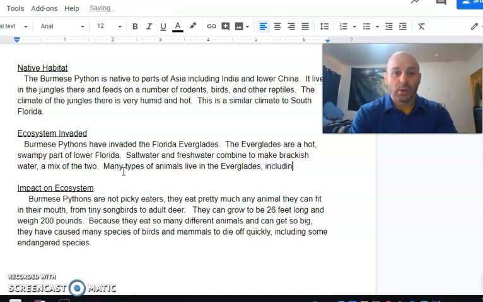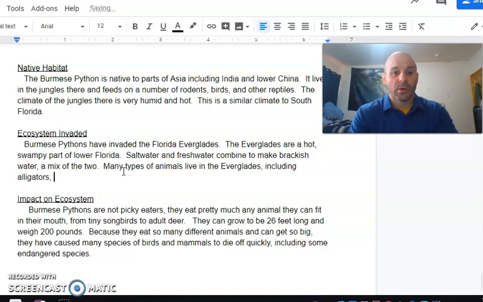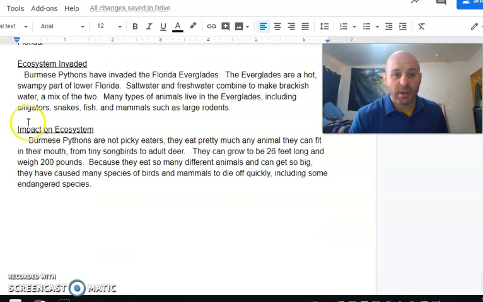So including alligators, snakes, fish. Remember, you're going to be a little more detailed and look specifically for the information. And mammals such as large rodents. So those are all important for the pythons to eat.